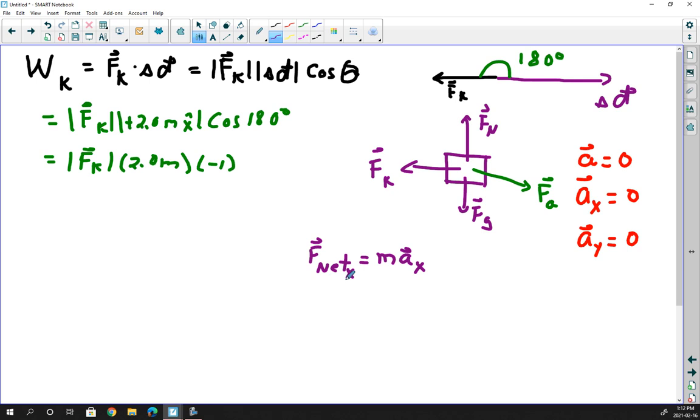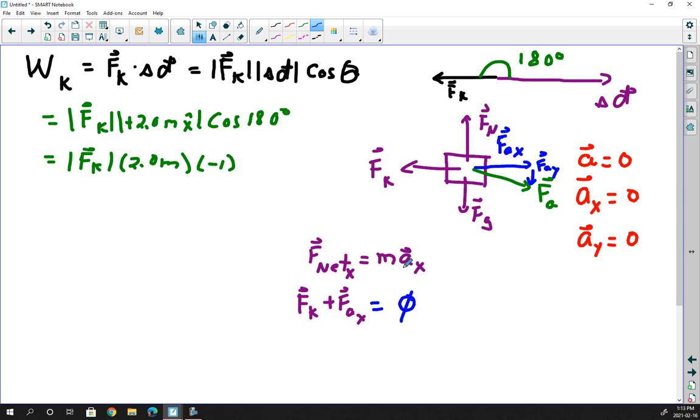But F net x component, well, the only forces that are acting in the x component are force of kinetic friction and force applied x component. So it brings us back to something we learned a long time ago, that when you have these types of forces, you got to break them down into components. Force applied x component there and force applied y component there. So we're bringing back some memories here. And this is going to equal 0.